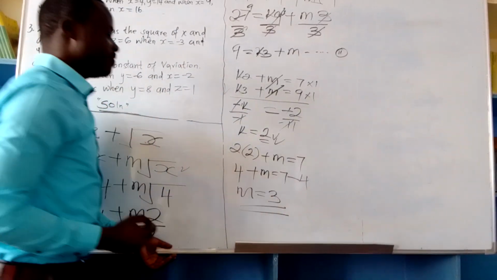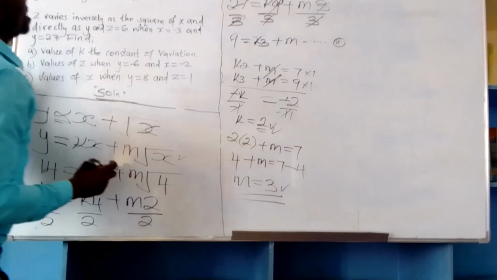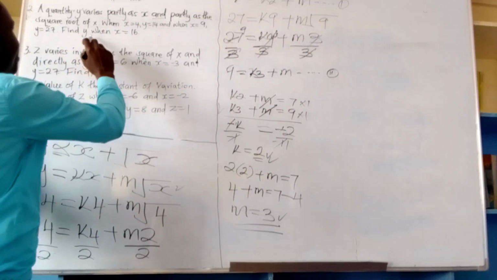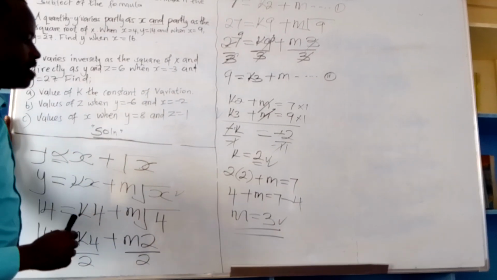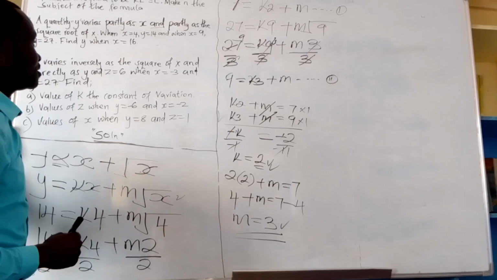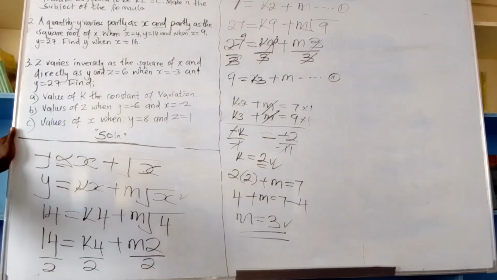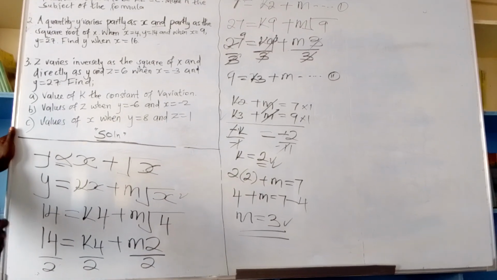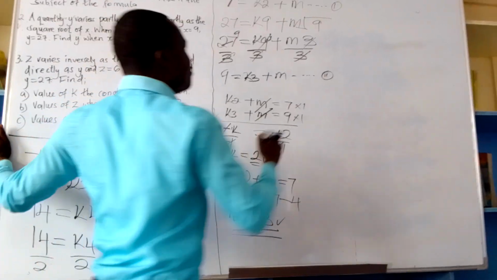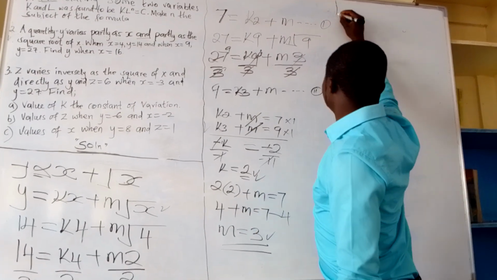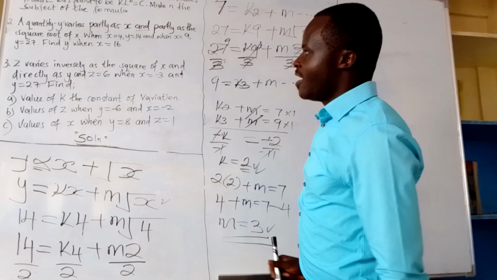So after getting the value of m to be 3 and k to be 2, we can now handle it very clearly. Find the value of y when x is 16. What are we going to do? Before we move, we can continue and form an equation that connects these variables. Without forming an equation, it is not going to be easy for us to get the value of y.